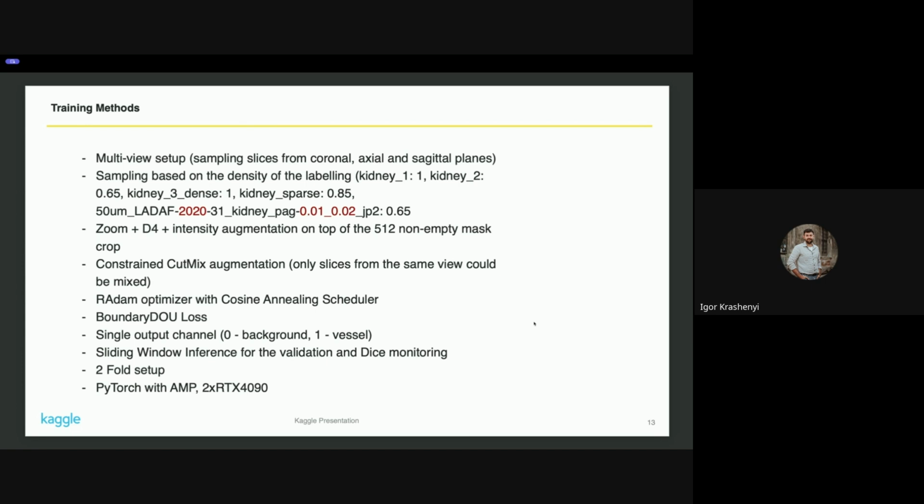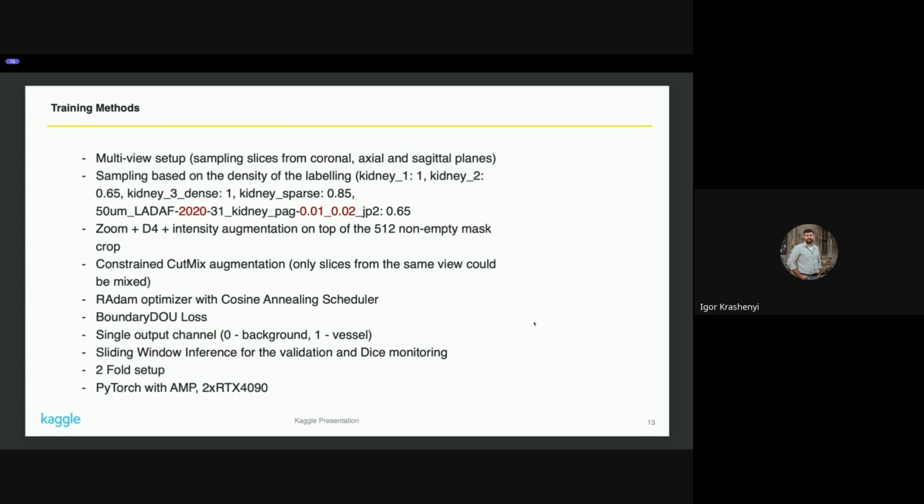So kidney 1 had a chance of 1, kidney 2 0.65, the dense part of kidney 3 1, and kidney 3 sparse 0.85.